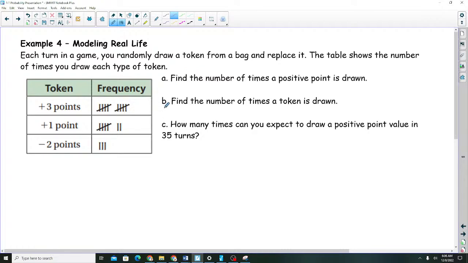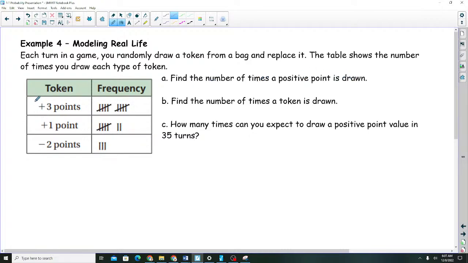So when you're asked about finding the likelihood of something, and you have to deal with relative frequency, you need to find the number of all the outcomes and the number of times that specific event occurred. So find the number of times a positive point is drawn.